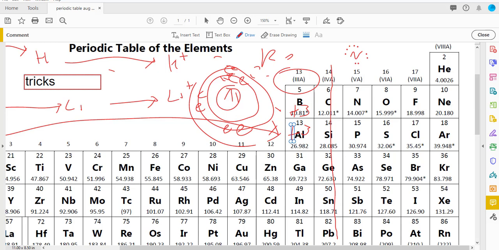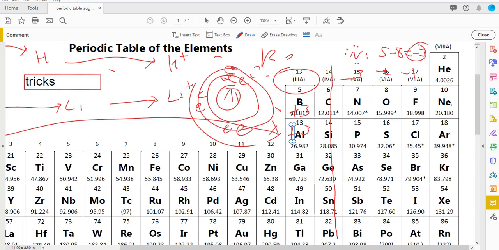So it likes to gain them. So all group 5 elements are always going to be -3, and groups 6 and 7 are -2 and -1. So my trick is to go ahead and at group 5 just do 5 minus 8. And that gives you the proper ion charge for groups 5A, 6A, and 7A.